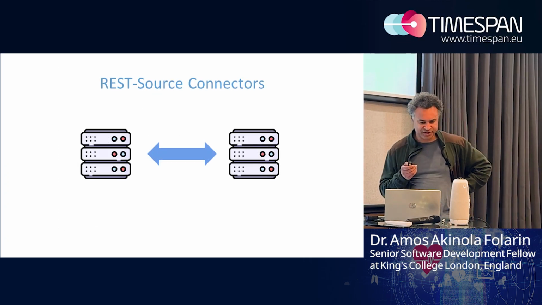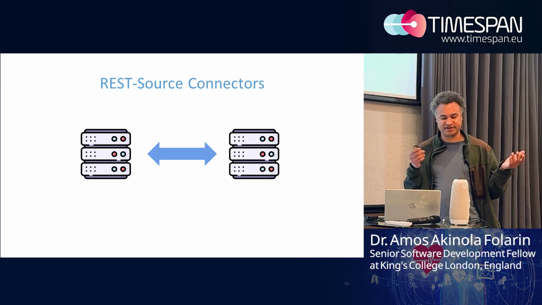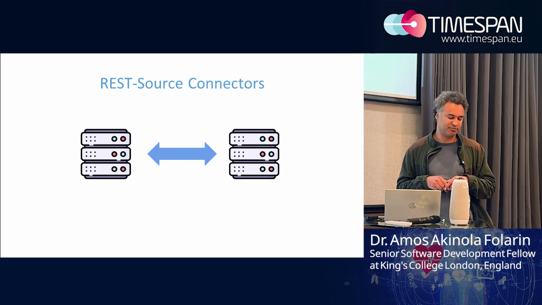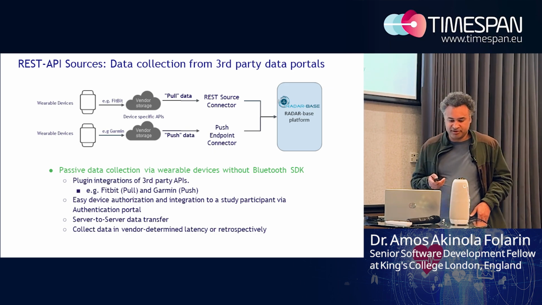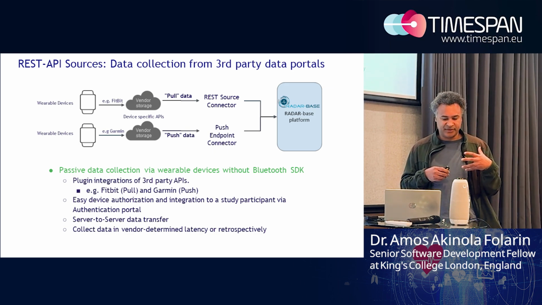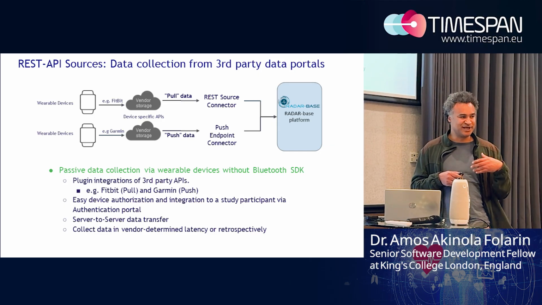And then I mentioned the possibility of using server-to-server collection of data from REST APIs. This is an example using Fitbit and Garmin. These APIs work slightly differently. In the case of Fitbit, we just have to keep asking Fitbit, have you got any more data? Have you got any more data?